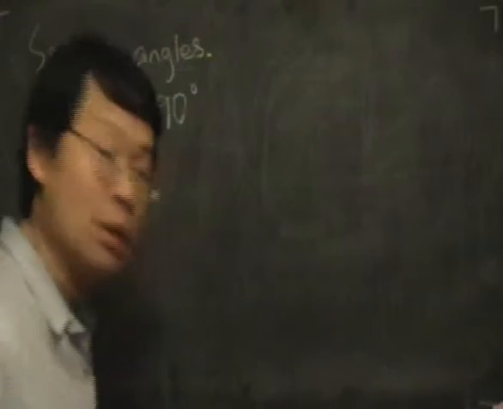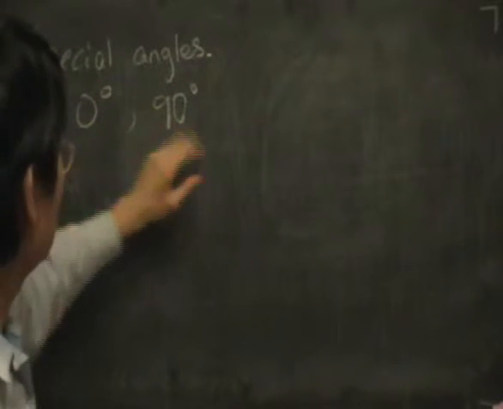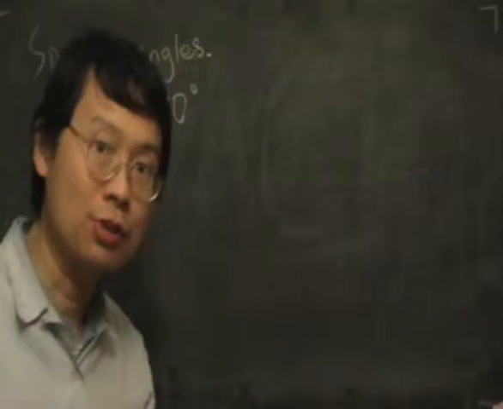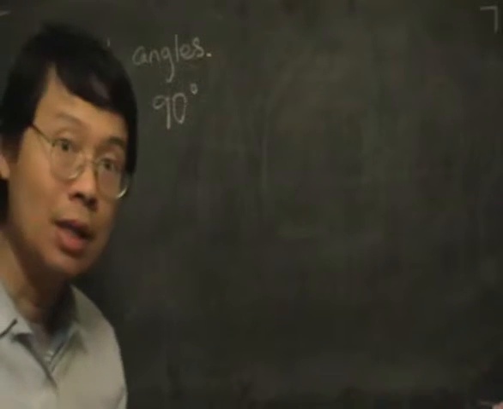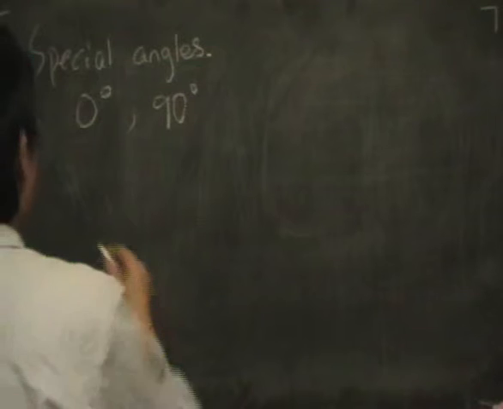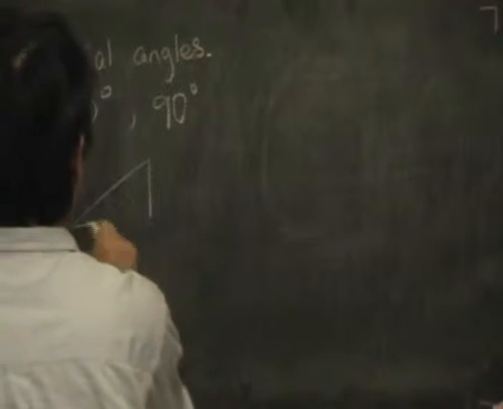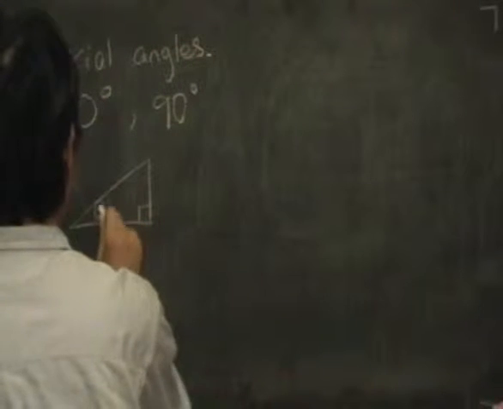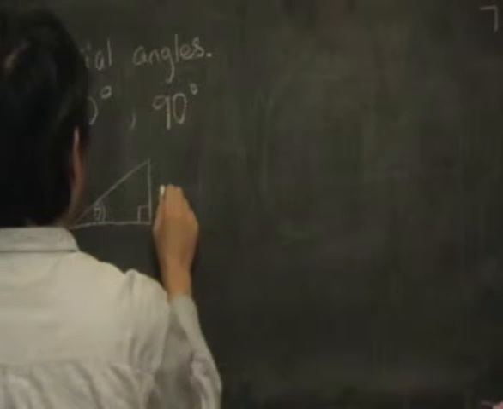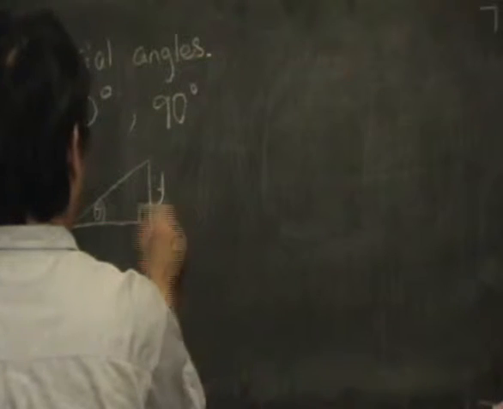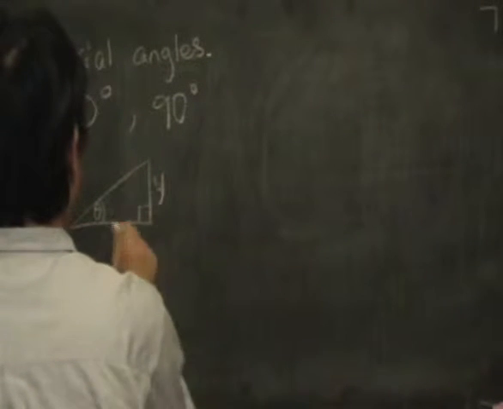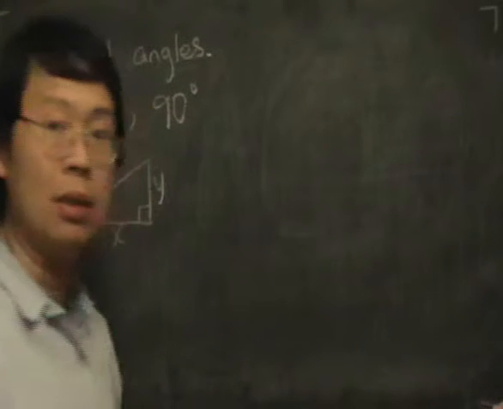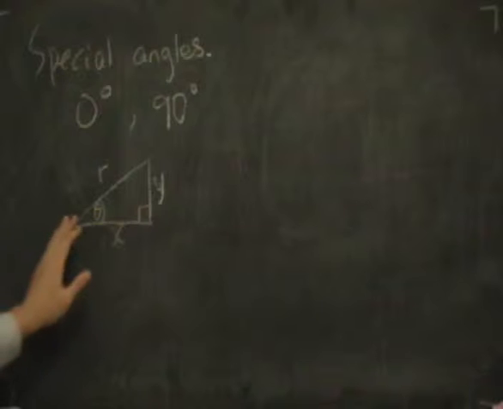The simplest case we start with is 0 degrees and 90 degrees. Now let's remind ourselves what sine and cosine means. We have a right-angled triangle.